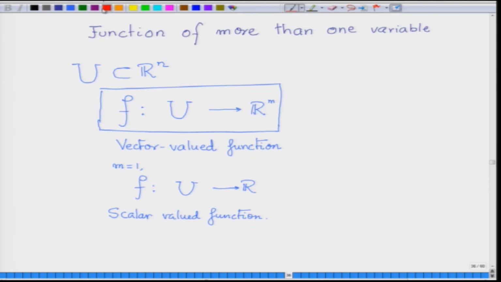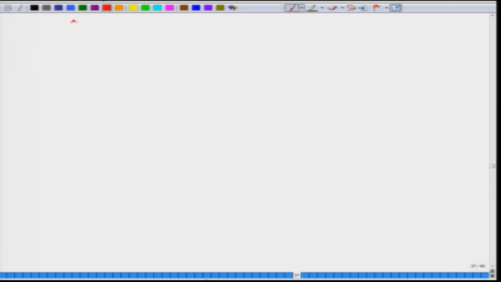For example, consider a 3-dimensional space. Take any point x, y, z, and try to see the temperature associated with it. Temperature T is a function of the position.